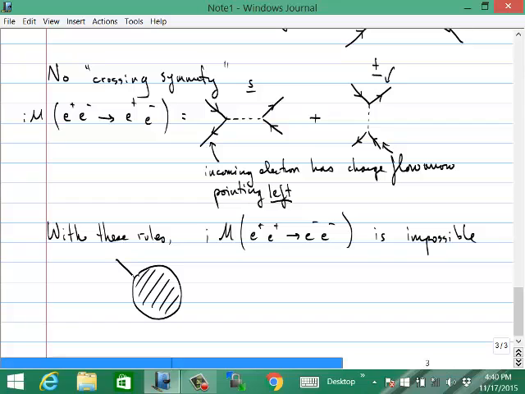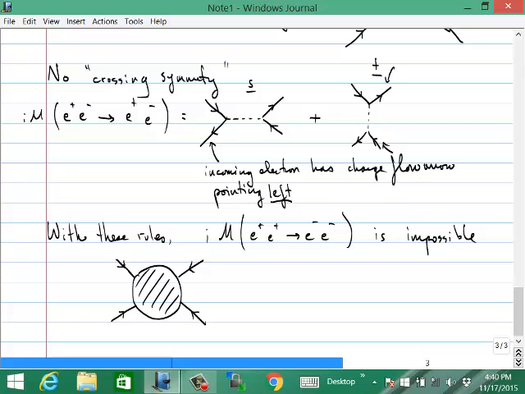Well, it would look something like this. You would have two incoming positrons over there on the left, and you would have 2 outgoing electrons, which would be described by legs on the right which have their charge arrows pointing in. This is actually a nice exercise in graph theory.